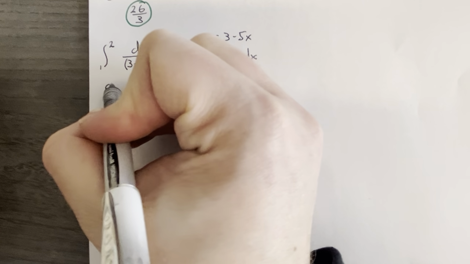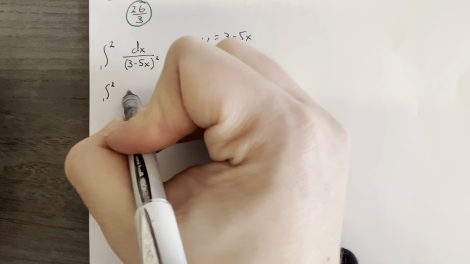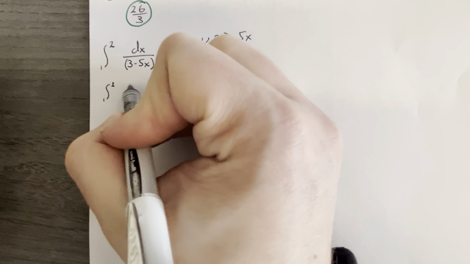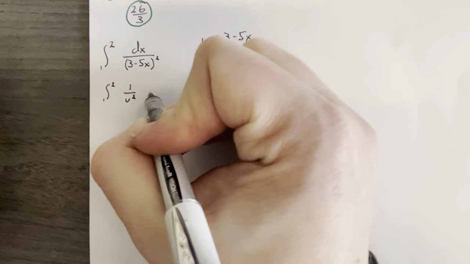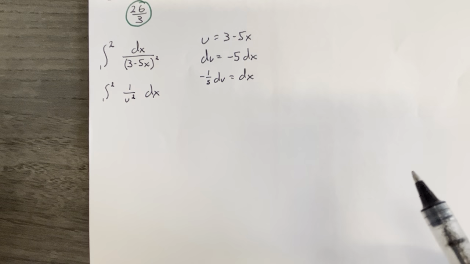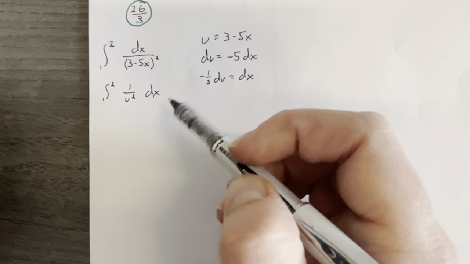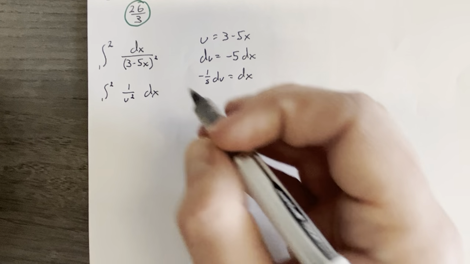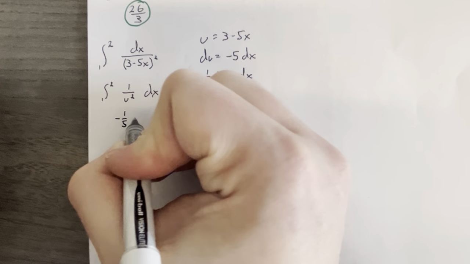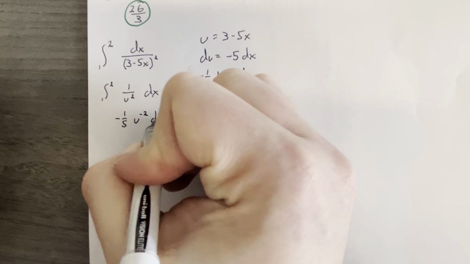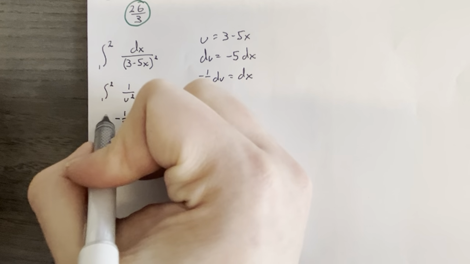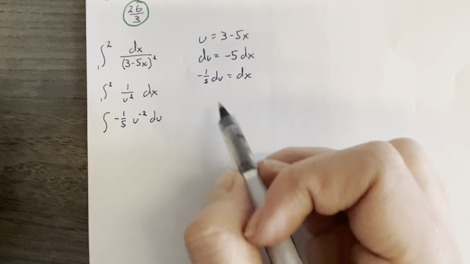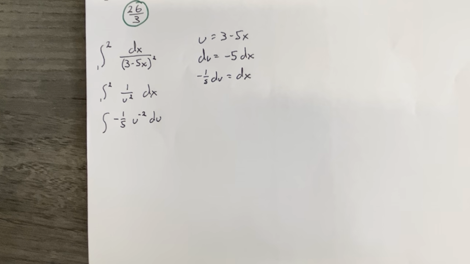I know this integral is like 1 over u squared, and we still have this dx that's here. Notice I still have the bounds there because we're still with respect to x. As soon as we make this shift now, -1/5, that's u to the -2. Now that we're with u world, we've got to go over here and decide what those bounds are.